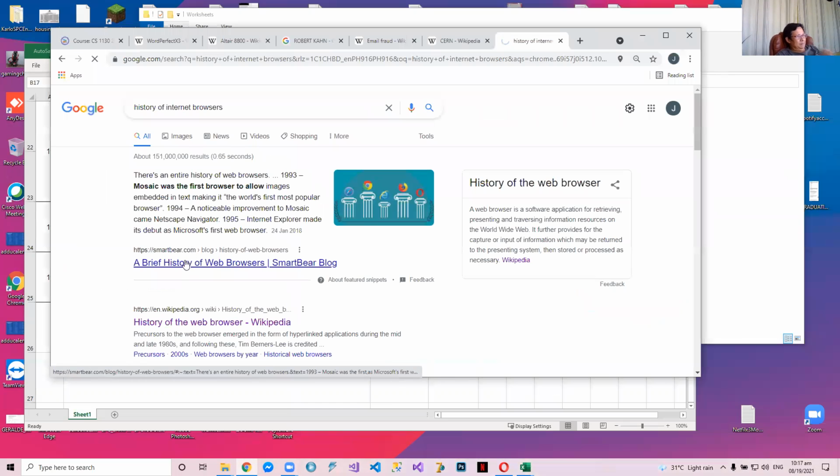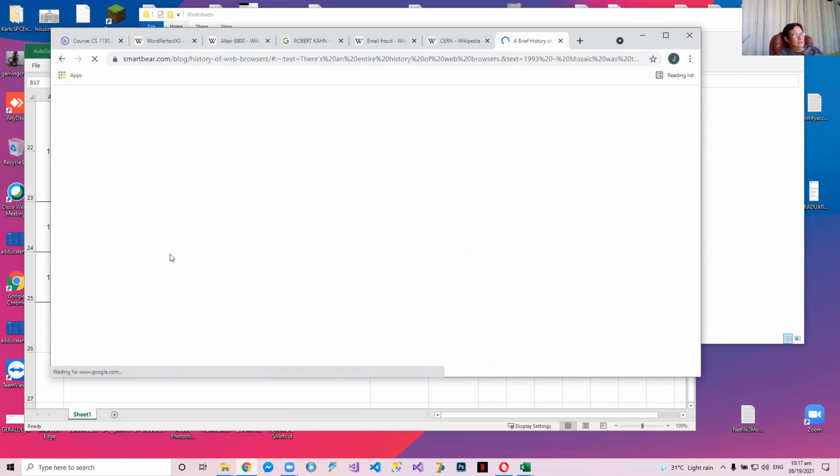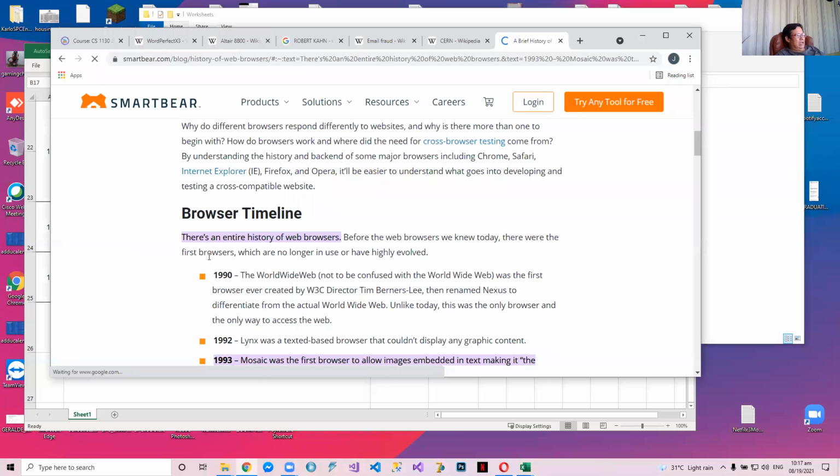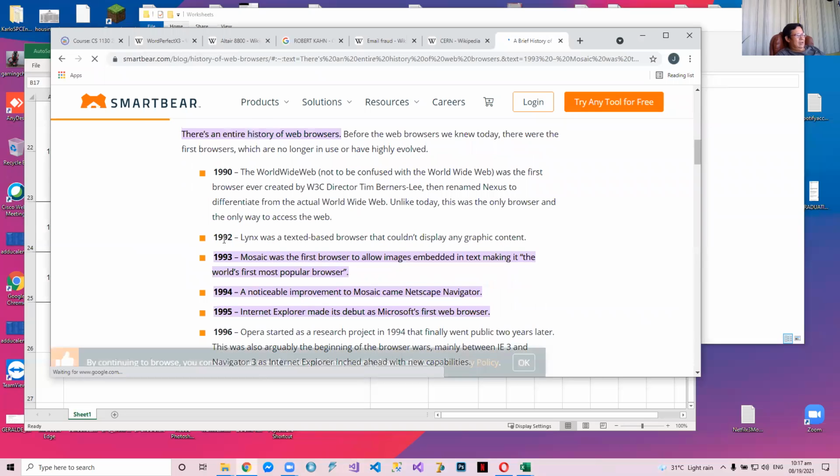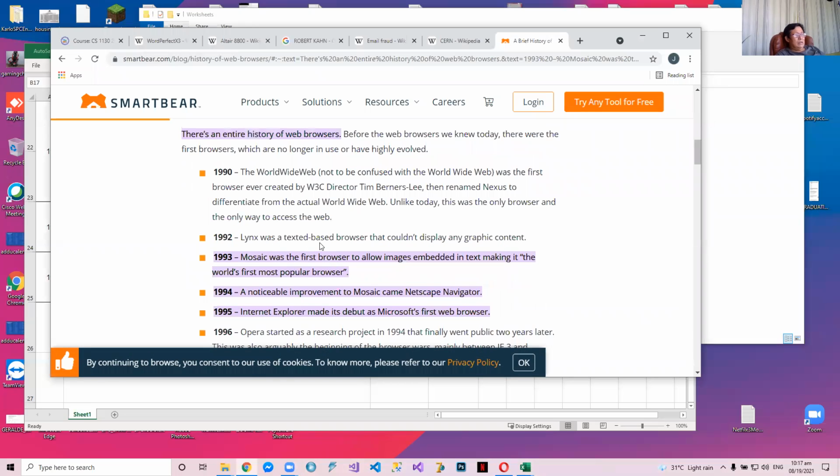Web browsers. Who authored the WWW? Tim Berners-Lee of CERN. Okay. The first browser is considered to be Lynx. Do you follow? But Mosaic, maybe on the PC.